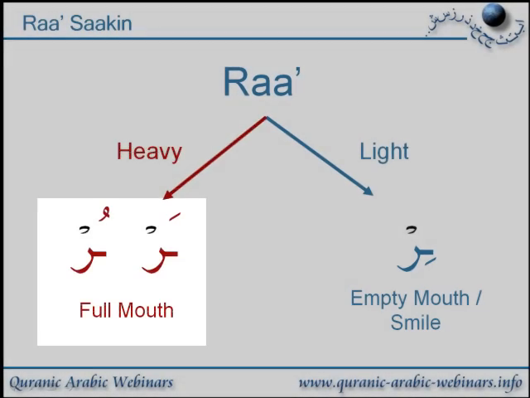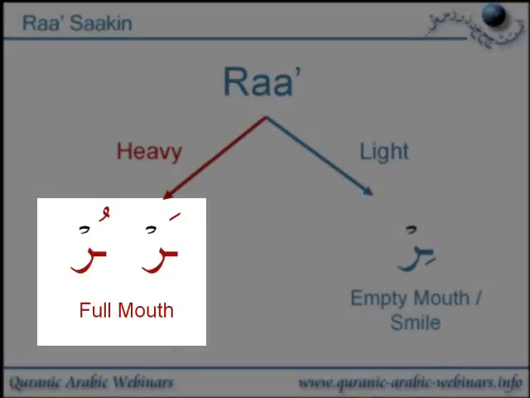And when the letter Ra is sakin, i.e. it's got sukoon on it, and the sound before it is either the fatha or the dhamma, then we do what's called full mouth. This is making your mouth slightly rounder. Some people call this an angry face, or heavy, or full mouth.